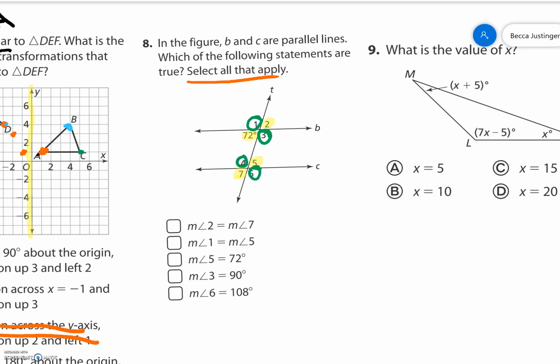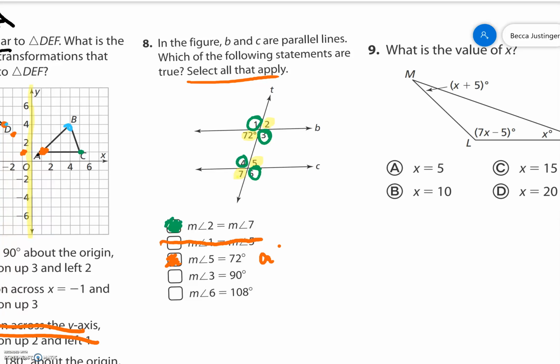So is measure of angle 2 equal to measure 7? Yes. Is measure of angle 1 equal to measure of angle 5? Yes. Is measure of angle 5 equal to 72? Oh wait, back it up. Is measure 1 equal to 5? No, 1 I put in green and 5 I put in yellow. I hope someone caught that. Is measure of angle 5 equal to 72?